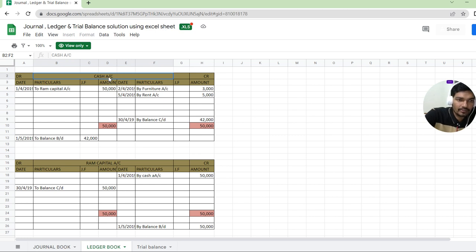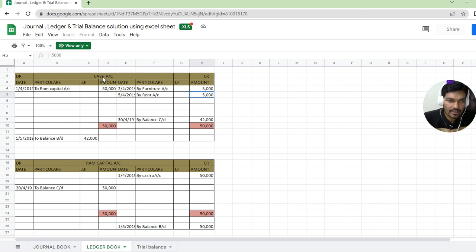In cash account, on the debit side we have 50,000, but on the credit side only 8,000 rupees is available: 3,000 plus 5,000, 8,000. By comparing these two balances, debit side 50,000, credit side only 8,000, the debit side balance is higher than the credit side balance.